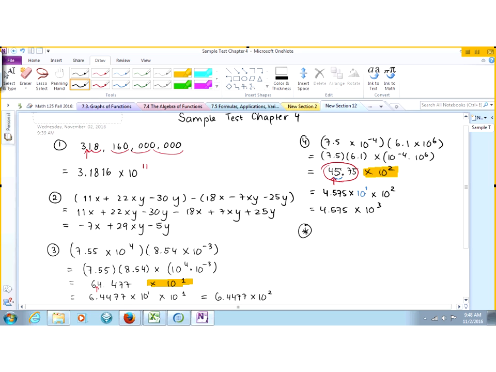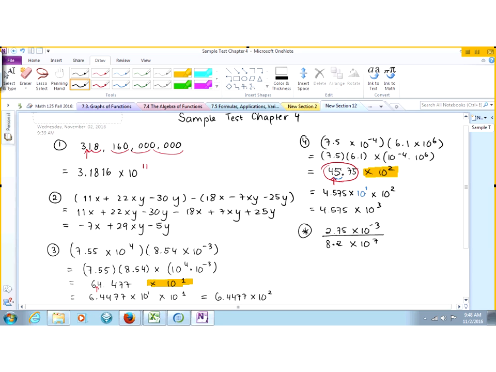Okay. And you want an example with a negative exponent? Okay. So suppose you have 2.75 times 10 to the negative 3 divided by 8.2 times 10 to the 7th. So what would you do here? This is division.